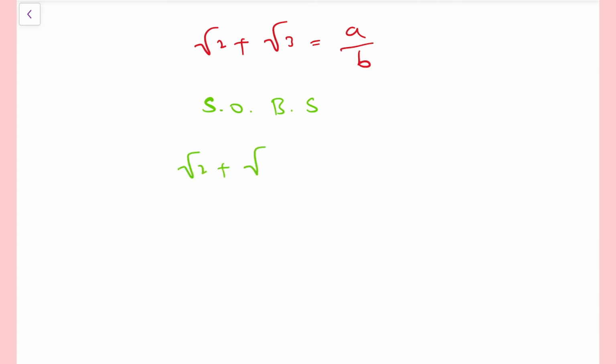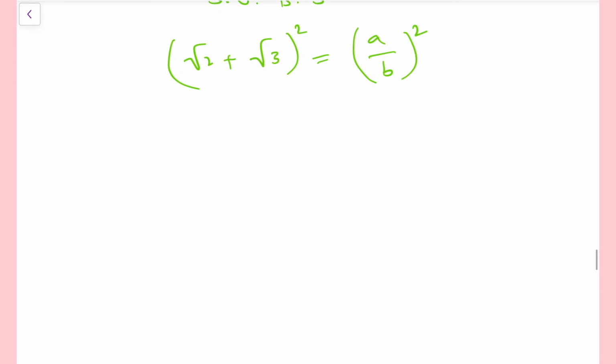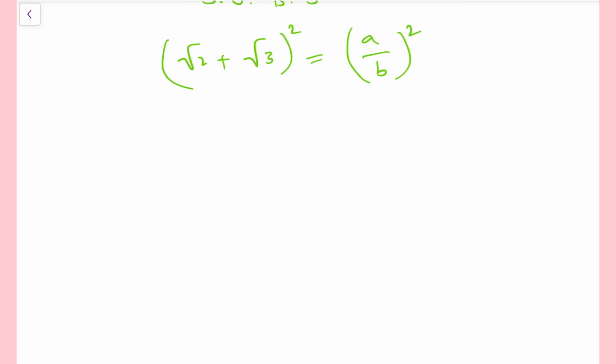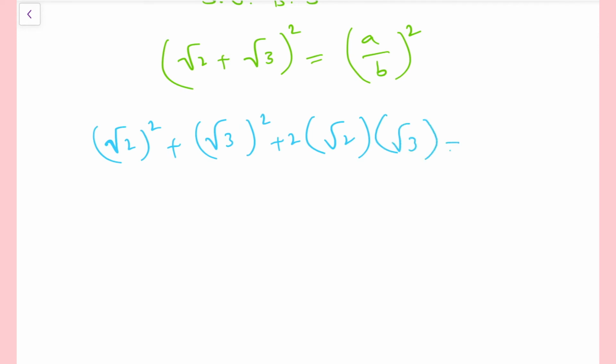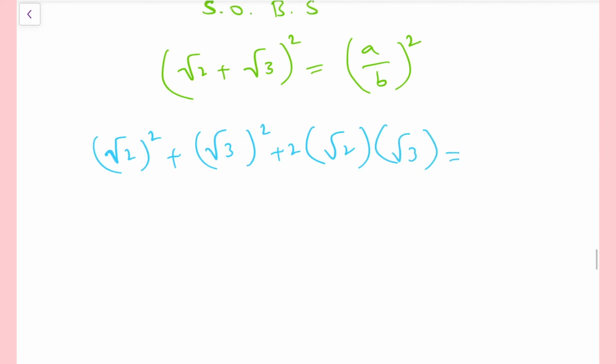Root 2 plus root 3 whole square equals a by b whole square. Root 2 plus root 3 whole square is in the form of a plus b whole square. If we expand, root 2 whole square plus root 3 whole square plus 2 into root 2 into root 3 equals a square by b square.